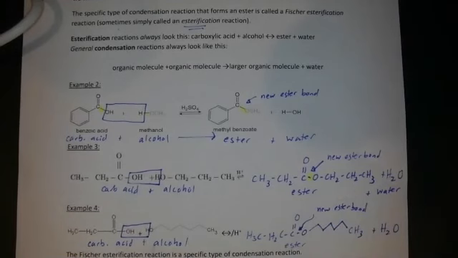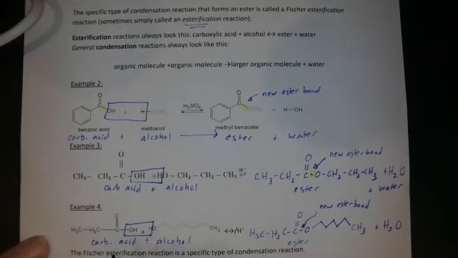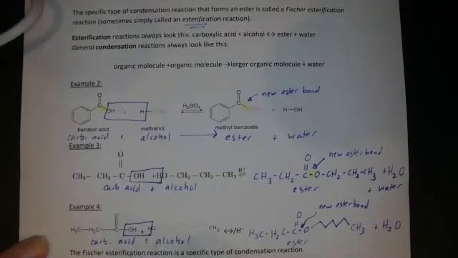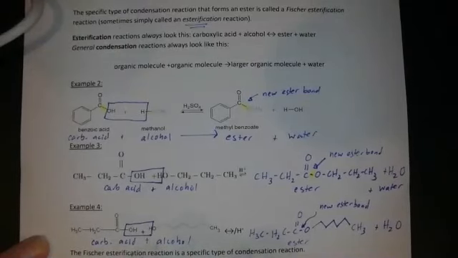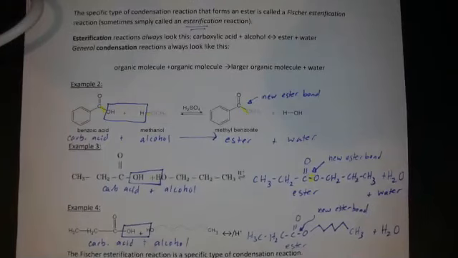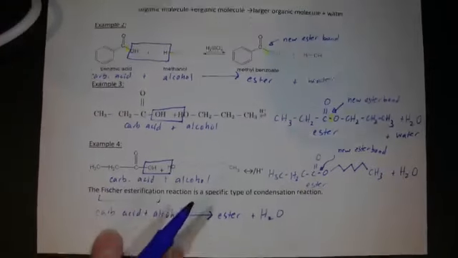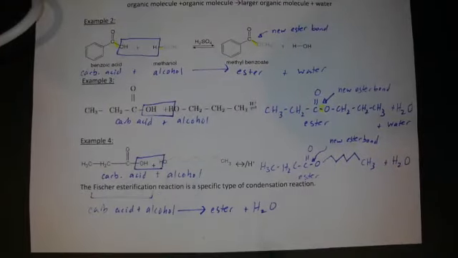To summarize, Fischer esterification reaction is a specific type of condensation reaction. Esterification is carboxylic acid plus alcohol forming an ester plus water. Before we keep going, I want to point something out that you might not have noticed or that you might have questions on.